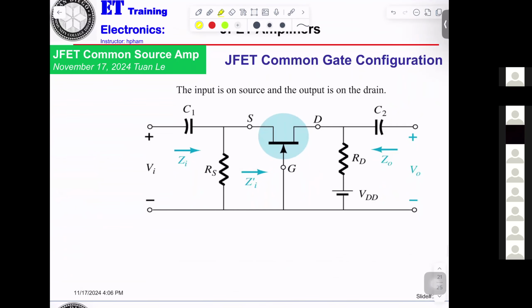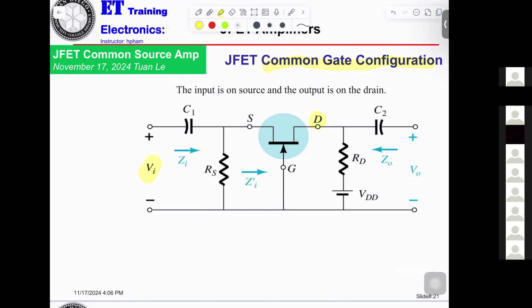Common gate. We already went through common source and common drain. Now the last one, common gate. Okay? Input here, output from the drain.